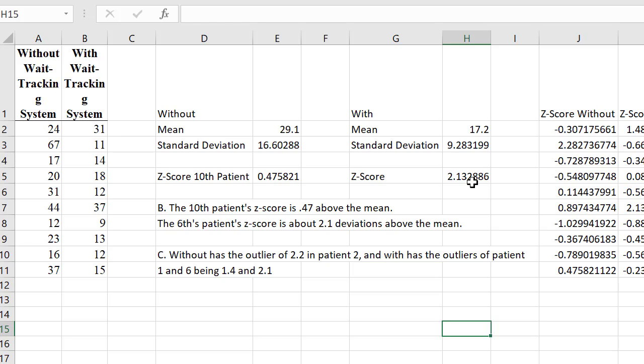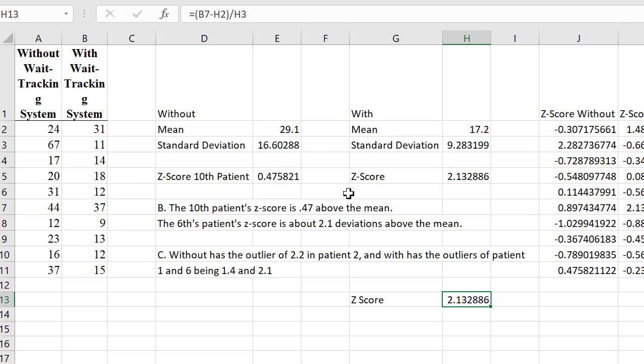The reason for this is that you now have a sample with the wait tracking system, with a smaller mean and a smaller standard deviation. So you're subtracting less, which means you're going to have a bigger numerator, and then you're dividing by a smaller number, which means it's going to make it larger. So you have to think about what your numbers are doing and what your calculations are doing.